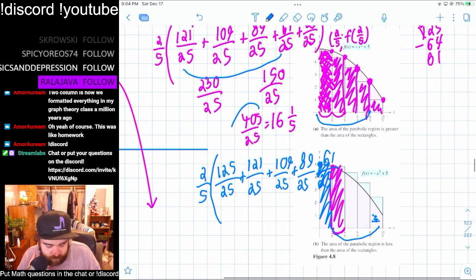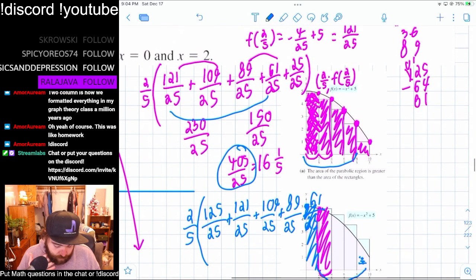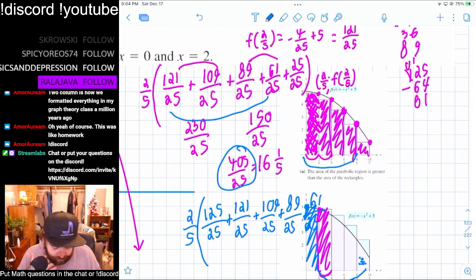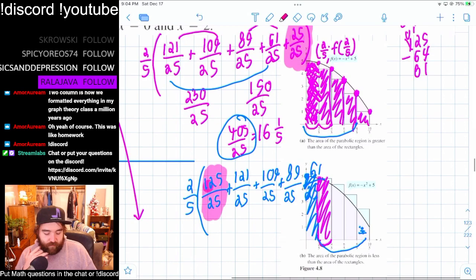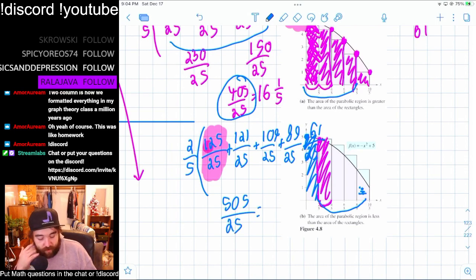Notice that this is actually the same. The only one that is different is that instead of having the 25 out of 25, we have 125 out of 25. So that means this one should be 100 more. This should be 505 out of 25, which is 20 and 1/5.